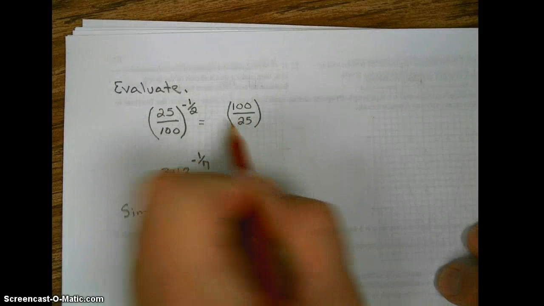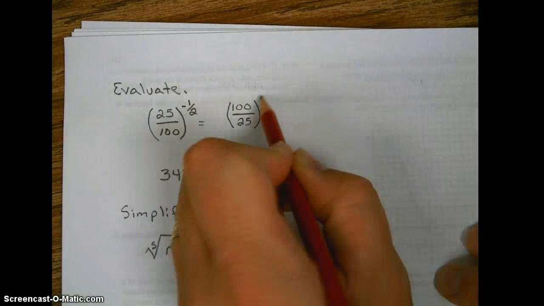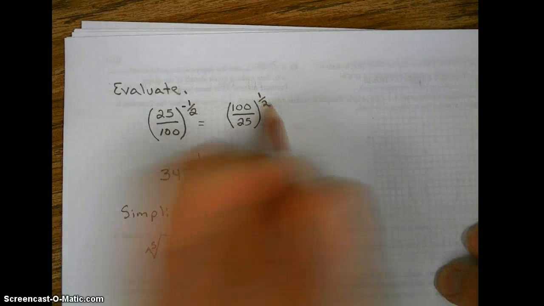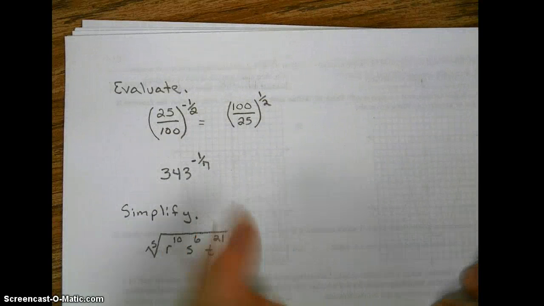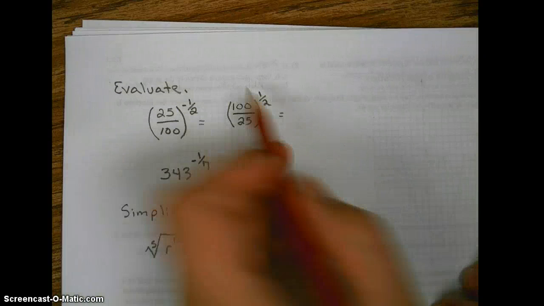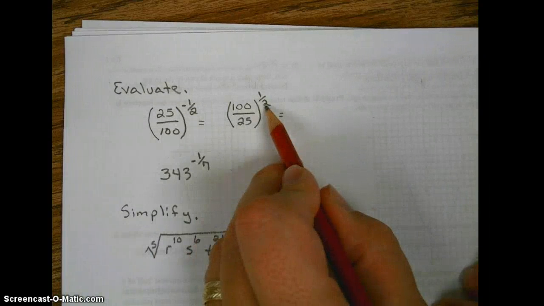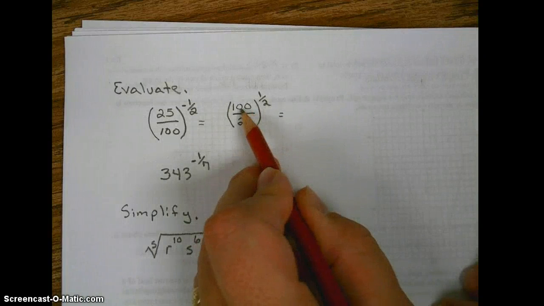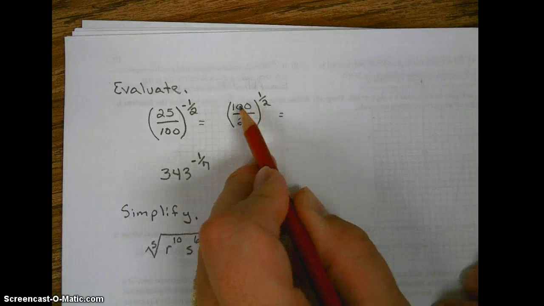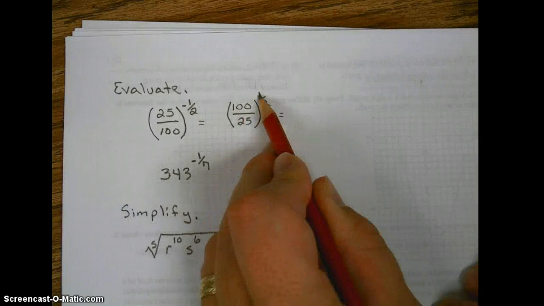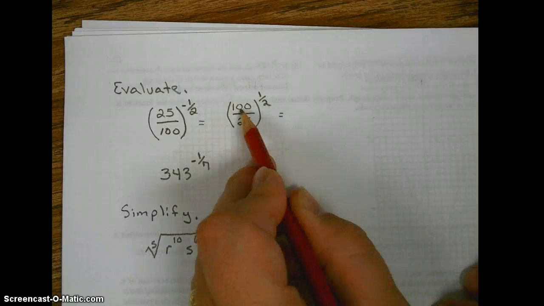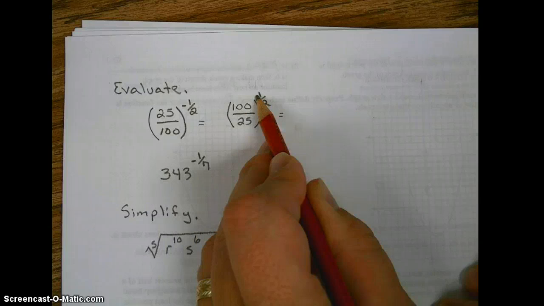That changes our exponent from negative to positive. Then it's the second root of 100, or square root of 100, to the first power. So the square root of 100 is, correct, 10. 10 to the first power is 10.